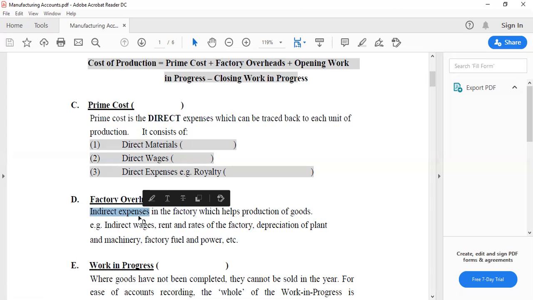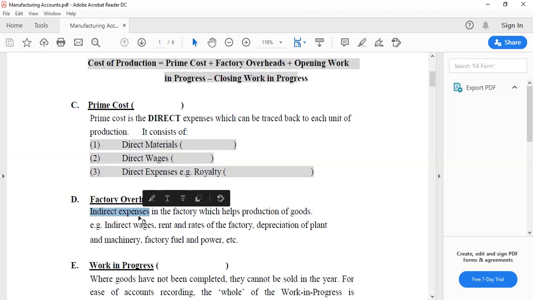Like I've given examples. The salary to the secretary is an indirect expense because it cannot be directly traced to that product. The amount incurred on advertising is an indirect expense because it cannot be identified on that product.